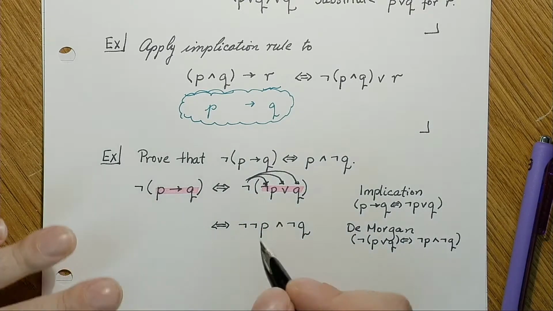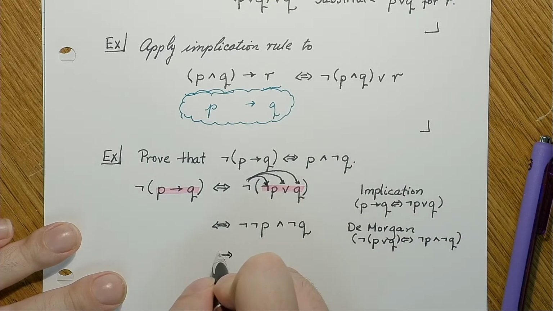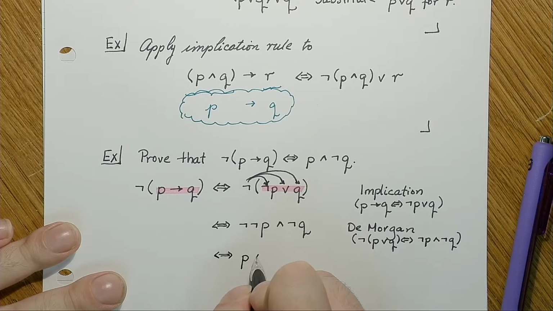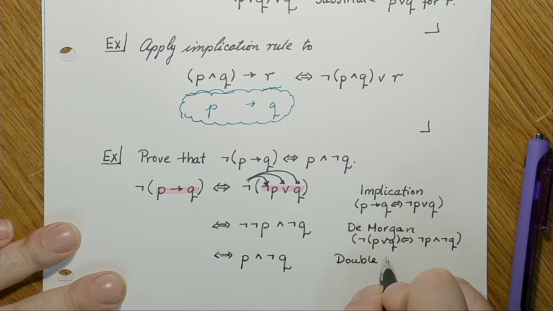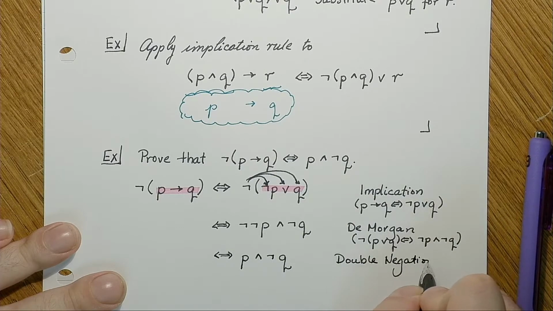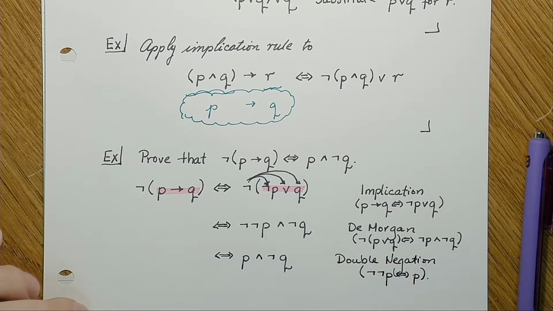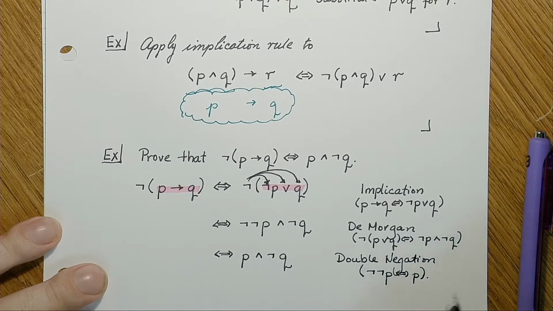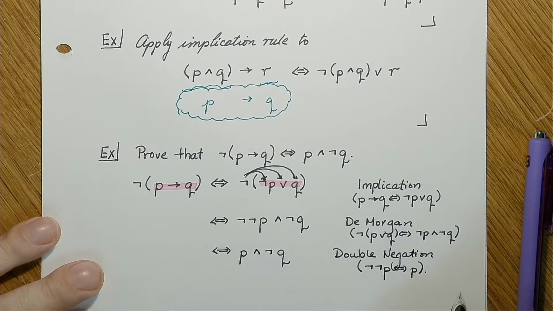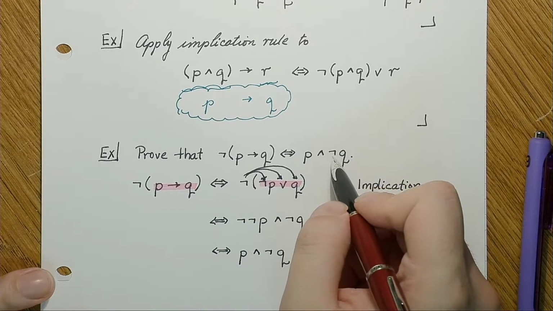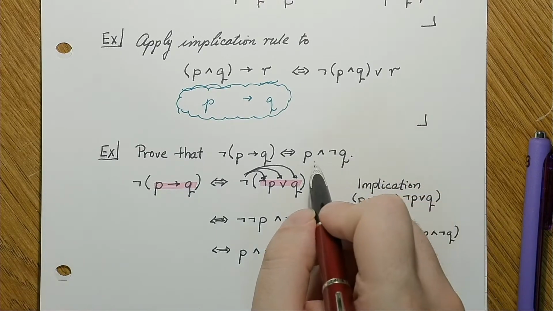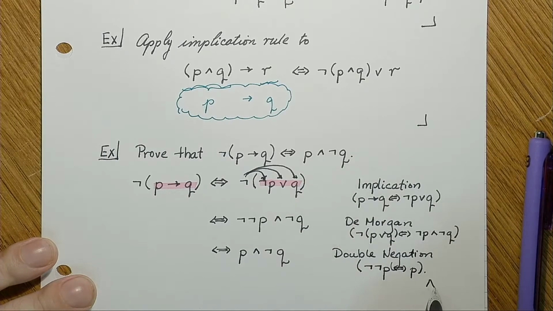So the not not P is logically equivalent to P and not Q. Okay, and so what we have, we can stop because we've reached the right-hand side of the equivalence. Again, there's my end of the proof.